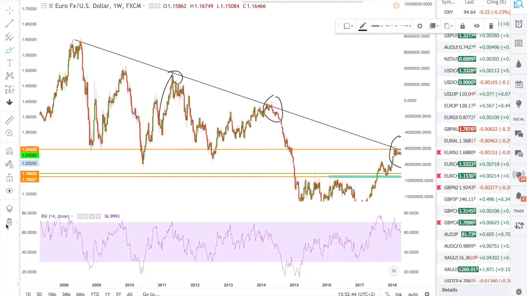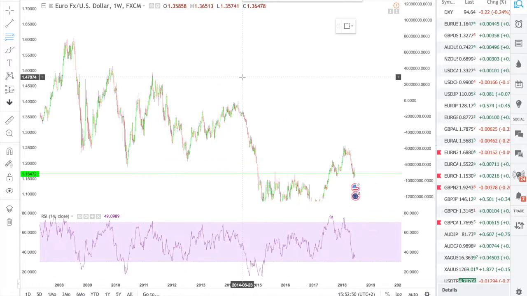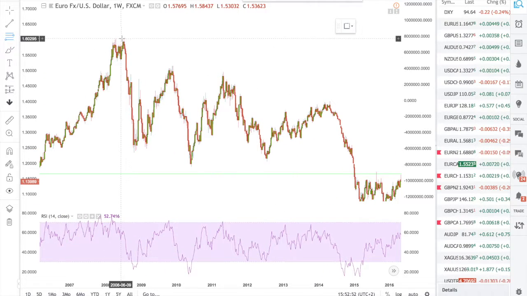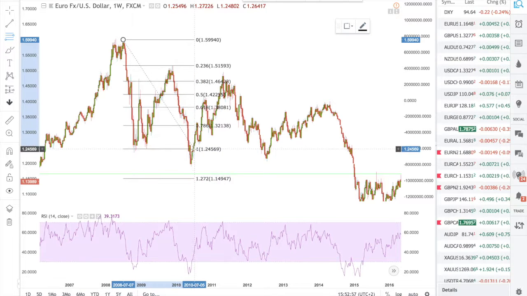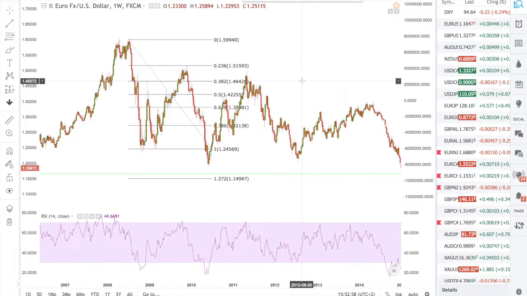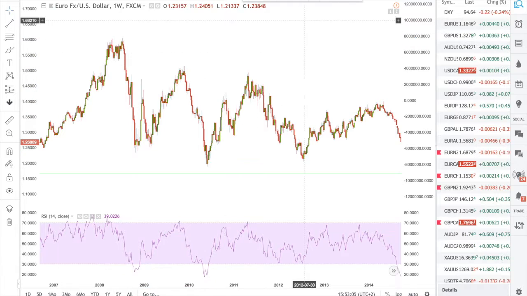If you want to delete everything, you just press here, and then you can also draw in some Fibonacci, for example, for this down move. There you have the Fibonacci, and the same goes for price range.